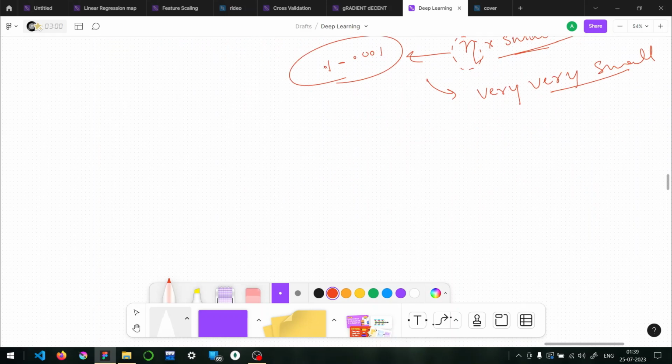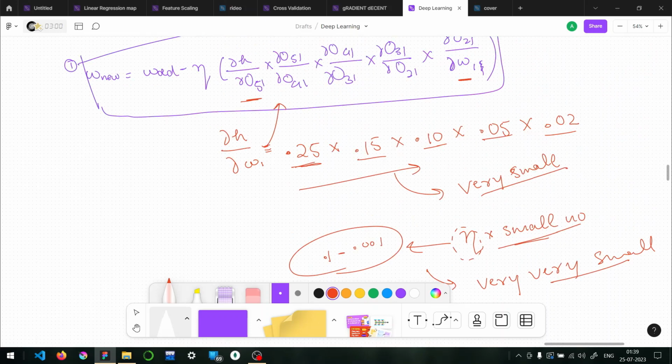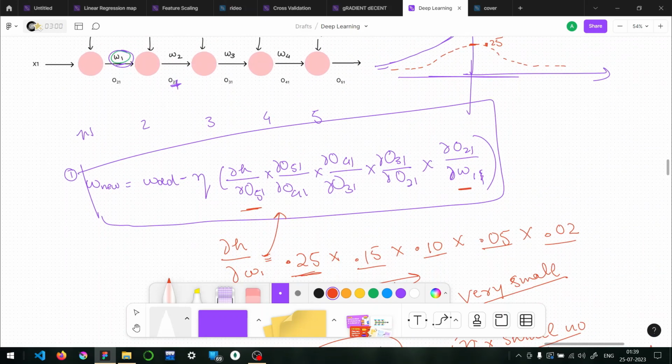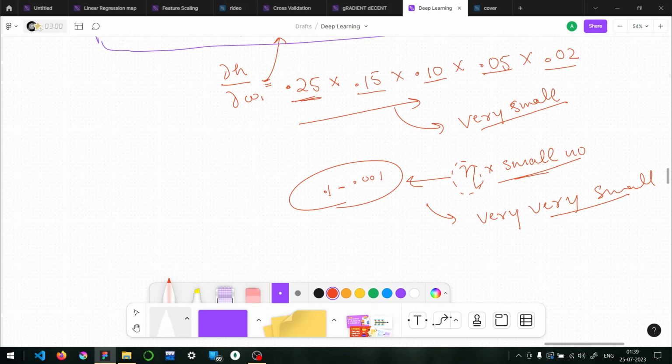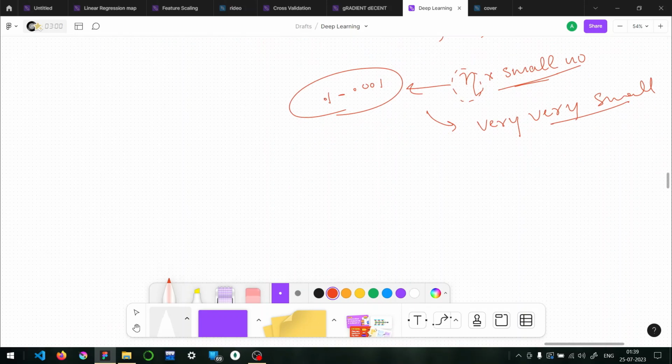So if we put that into our weight updation formula, here it is, right? W new is equal to W old minus a very small number. If you are subtracting a very, very small number from something, I don't think it will make any kind of difference.